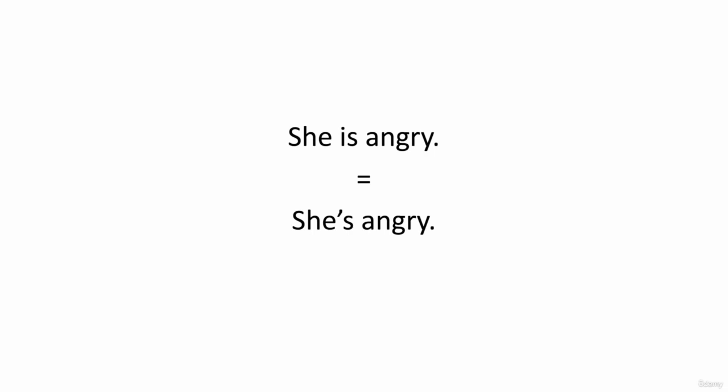In spoken and informal language, native English speakers almost always use contractions. Therefore, we would say, she's angry, not she is angry. We do not use contractions in formal writing. For example, business emails or academic essays.